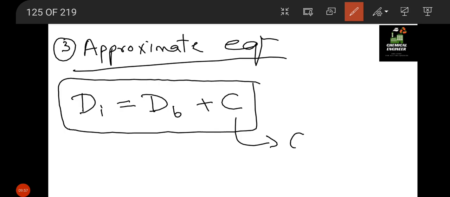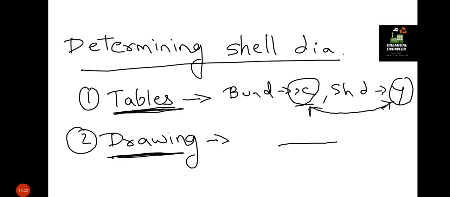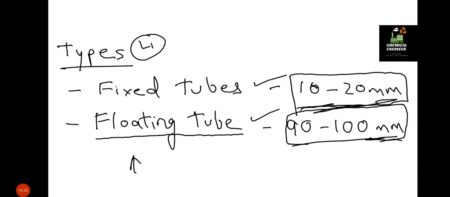We call it clearance, or if it is given in your book as CC, you may call it corrosion clearance. In layman language we call it a gap. That is what we have discussed earlier, this gap.